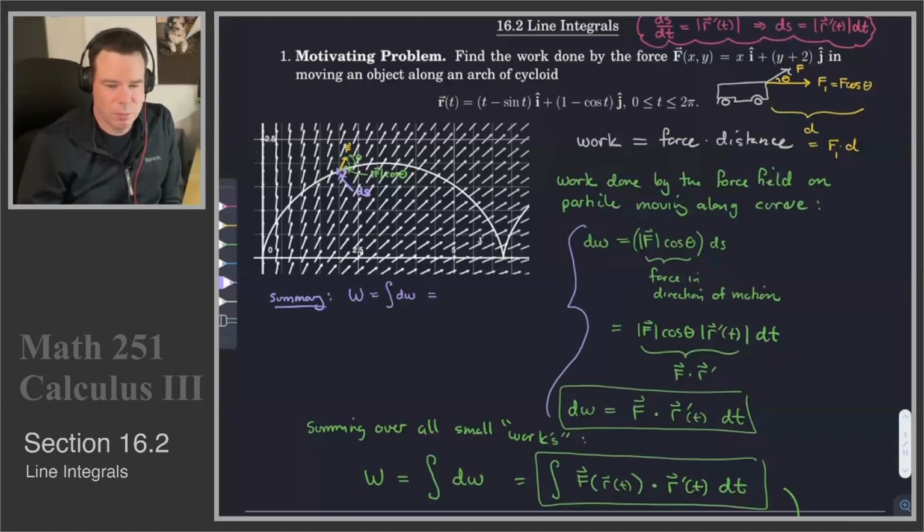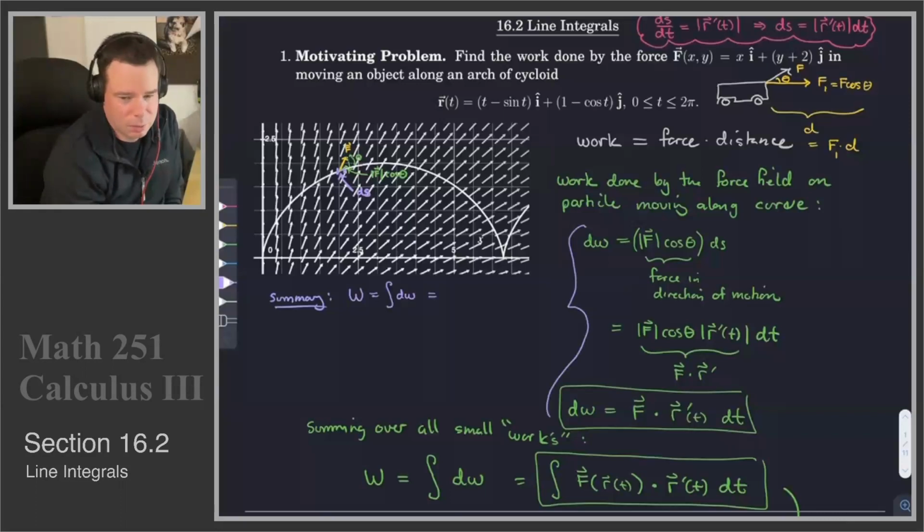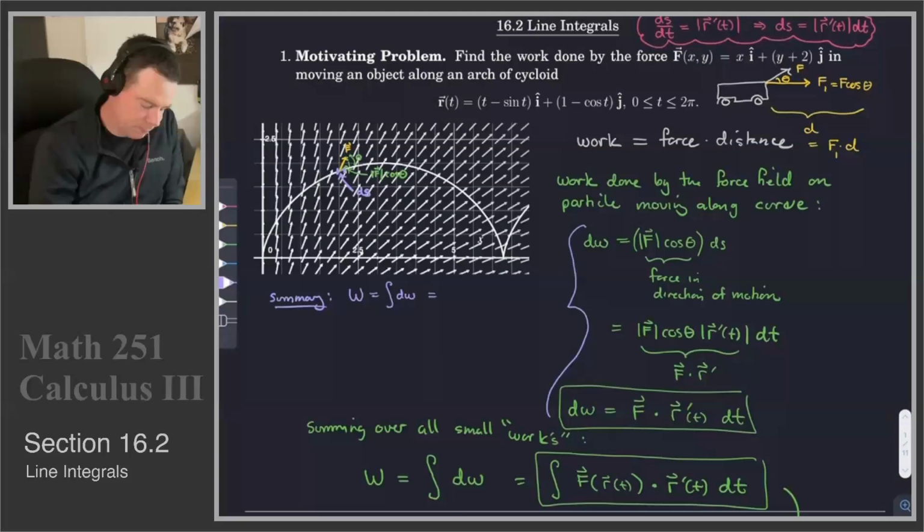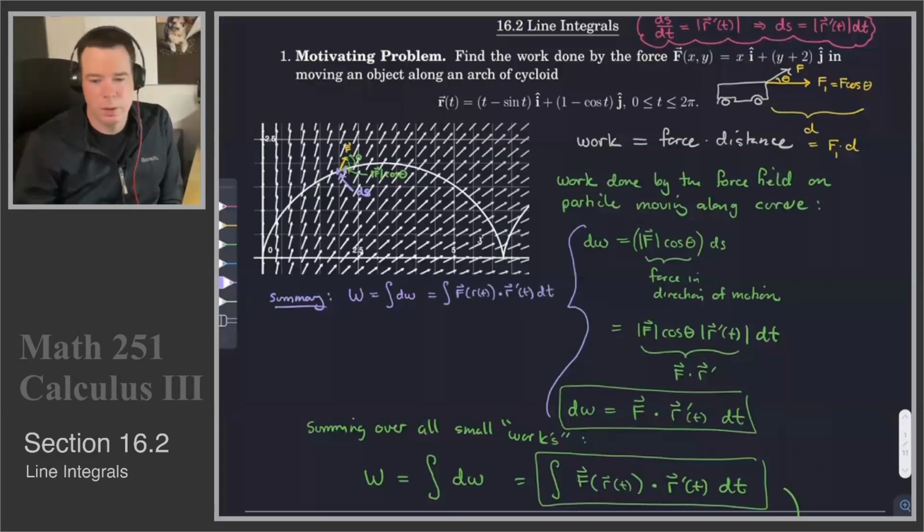So the force in the direction of motion was the magnitude of F times cosine of theta, and then times the little change in position. So that's the ds. And then we just unpacked what those things are, and it ended up being that dW was a dot product of the force at a given point on the curve times the direction vector at that point on the curve dt.